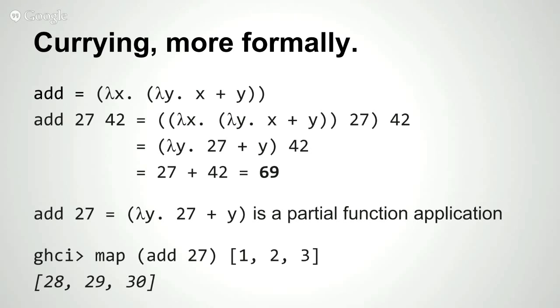So then we bind x to 27. We have lambda y, 27 plus y applied to 42. And we can still reduce because we have a function next to something. We have a function application. And so we put 42 into the y, we get 69. But add 27 already is a valid function. So when you do map of add 27 on 1, 2, 3, you get a value.